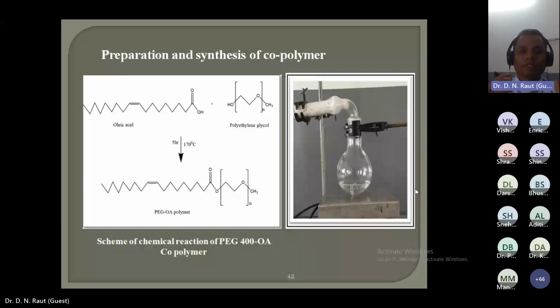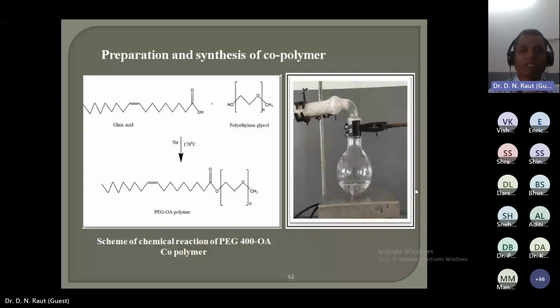Here we have just mixed it, made the reactions and formed this PEG oleic acid polymer complex. We prepared different formulations with different grades and proportions, and finalized one formulation which had a nanoparticle form, tested with a particle size analyzer. So this is the procedure.